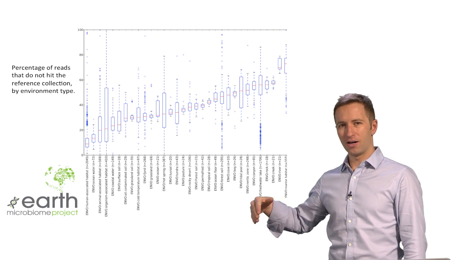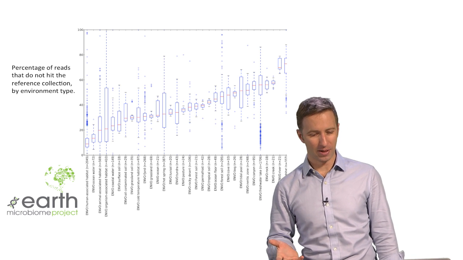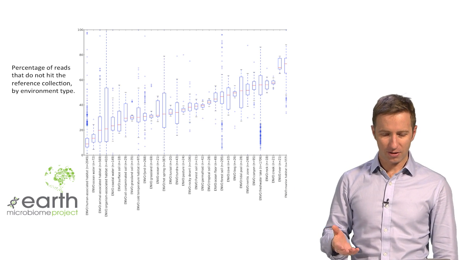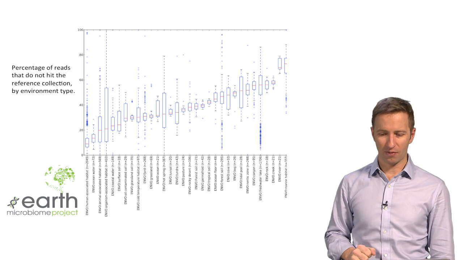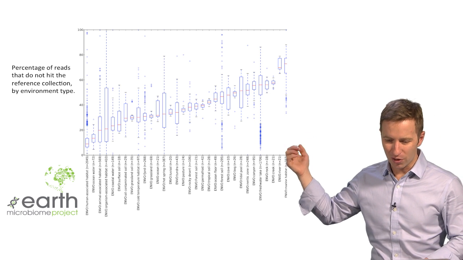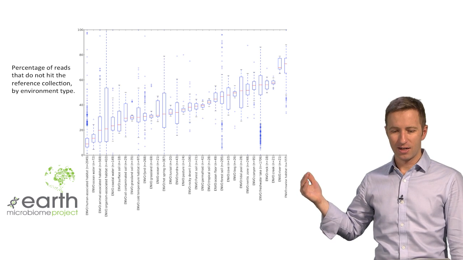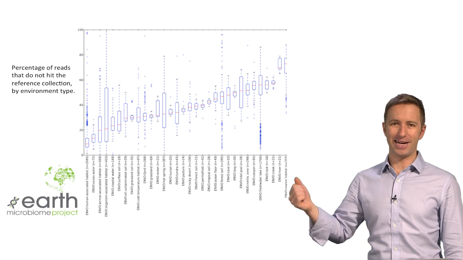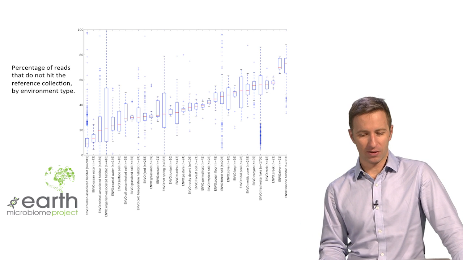All the way on the left end is the human gut microbiome, and in that case, this plot shows maybe 10% of sequences might fail to match the reference database. But all the way on the other end is marine habitat, river, creek, rock, and these are cases where 60, 70, 80% of the sequences may be completely outside the reference database.